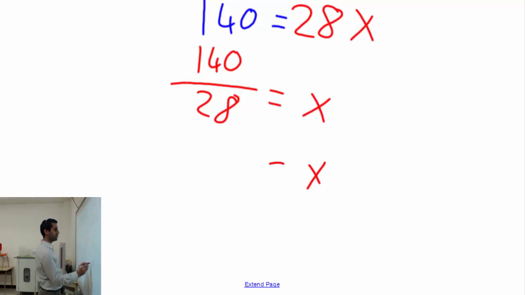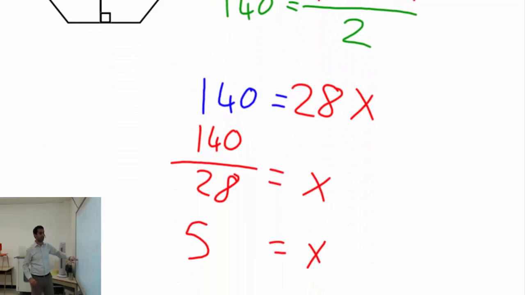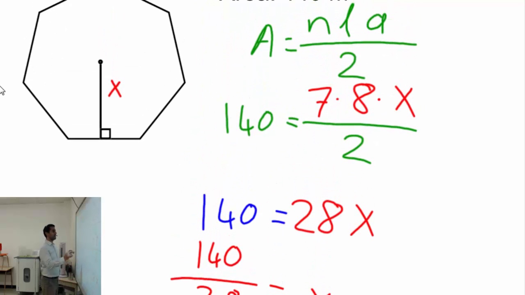X is 5. And we know X is the upper term. Upper term is 5. 5 what? 5 meter. Voila, done. This is 5. So that's how you find out the missing side when the area is given. Let's practice, practice, practice.